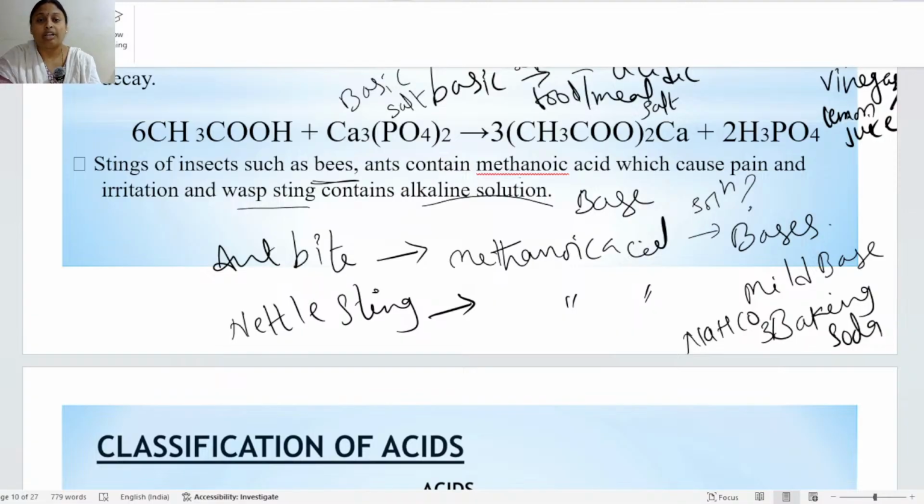We are supposed to add NaHCO3. But when it comes to the wasp sting, an alkaline solution is released. So how can we relieve the pain? By applying vinegar, a mild acid. Whenever we apply this, pain will be relieved. These are the applications of pH in our daily life.